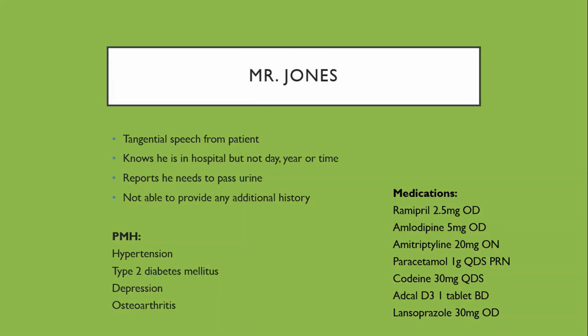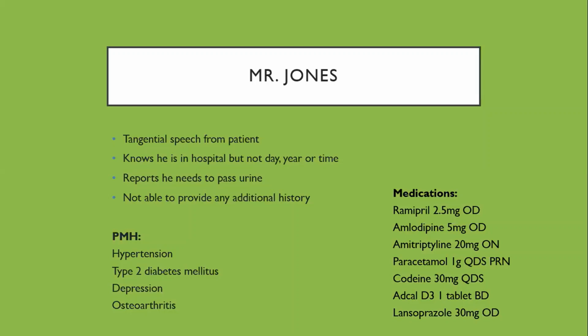So back to Mr. Jones. We're taking a history from him. He's got quite tangential speech. He knows that he's in hospital, but not necessarily what day or year or what time it is. The only thing he reports is that he needs to pass urine. He's not able to give us any additional history, and this is a really common problem that we face. We do have access to prior medical history and medications. He's got a background of hypertension, diabetes, depression, and osteoarthritis.